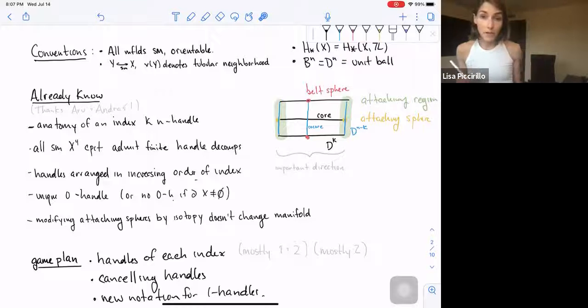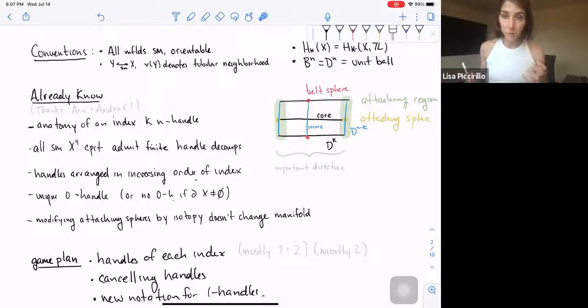And maybe the final thing that I'll remind us of is something Aru, I think, didn't prove but assigned as an exercise, and I think it's a good one: if you modify an attaching sphere, so the way you're gluing a handle onto something, by an isotopy, then that doesn't change the manifold that you're building. Okay, so those are our starting points.